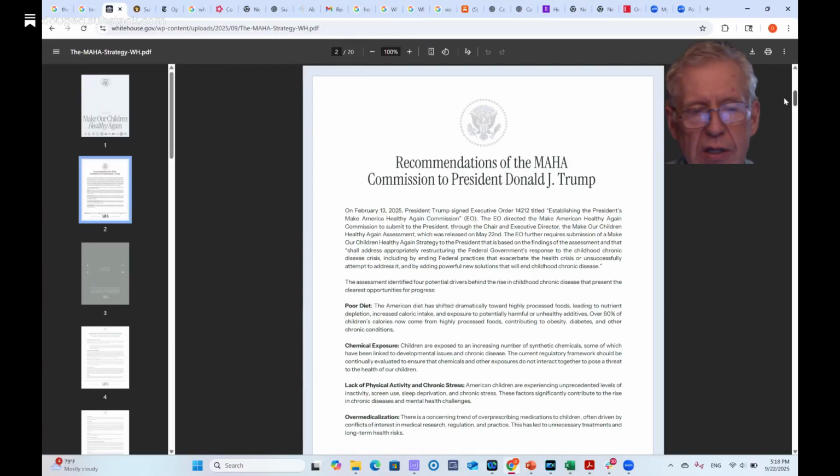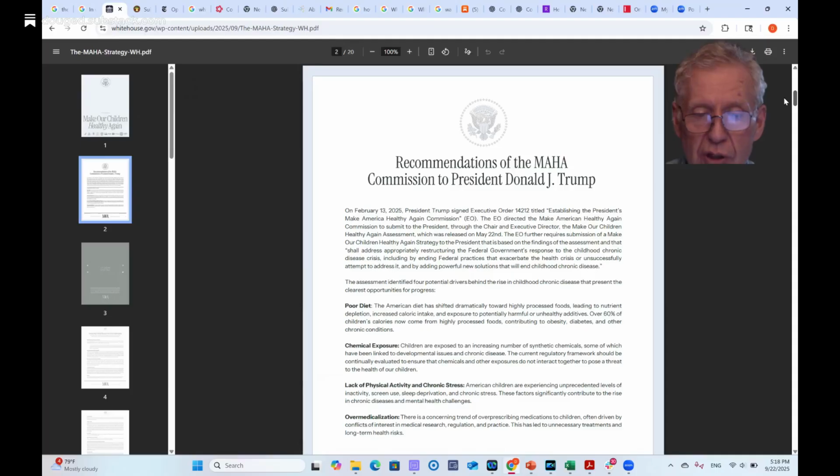According to the title of this report, Make Our Children Healthy Again, the focus should be on children. But beyond this initial set of comments, when you look at the suggestions, most of those suggestions are not limited to children.